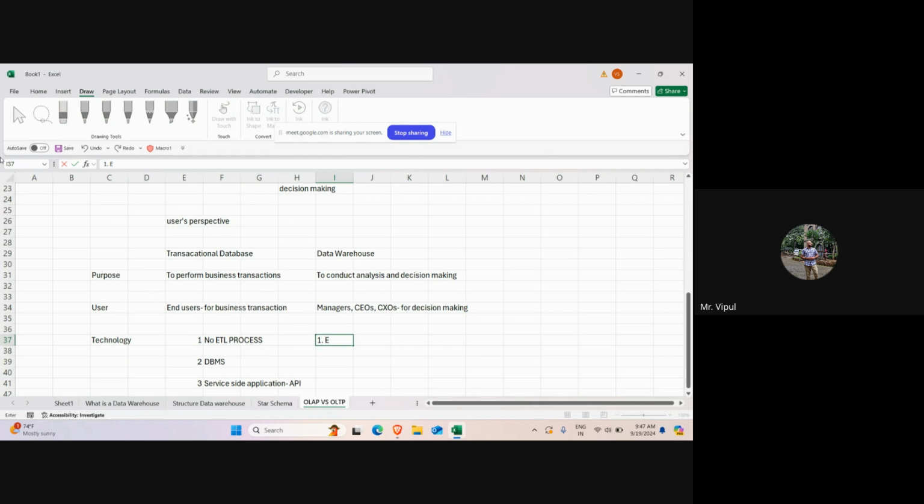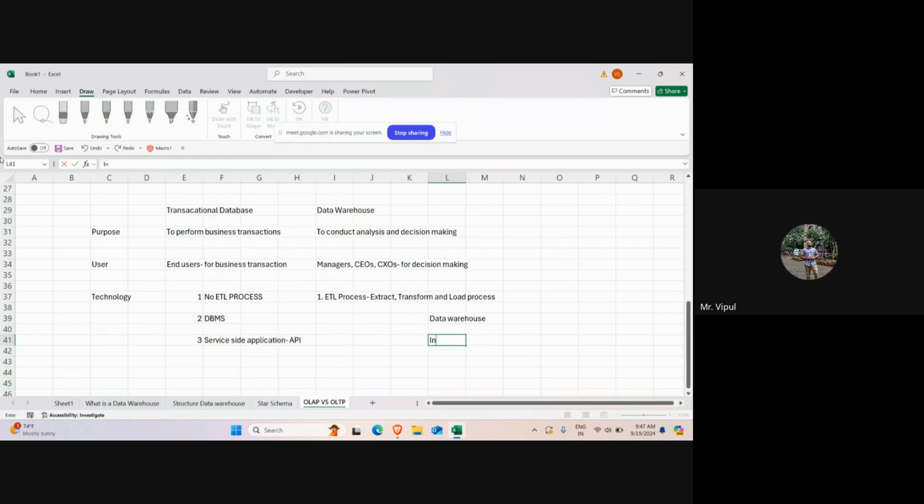First is the ETL process, which is extract, transform, and load process. So we have a data warehouse which is known as integrated, with multiple sources.